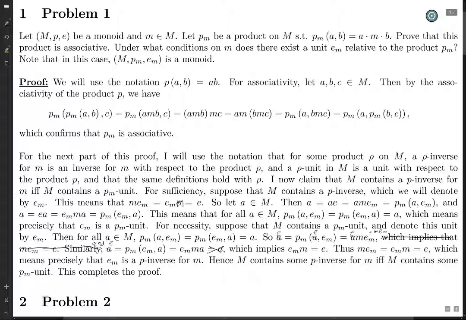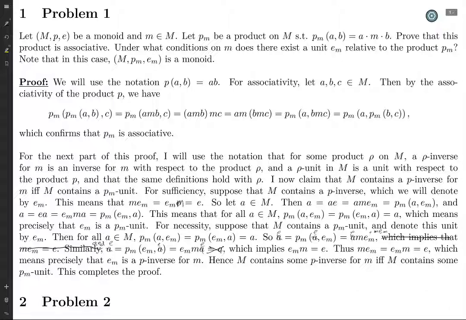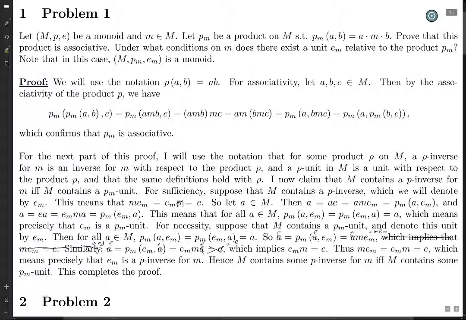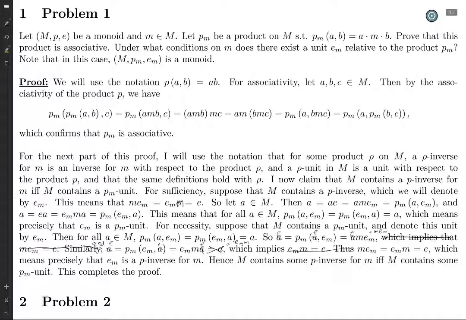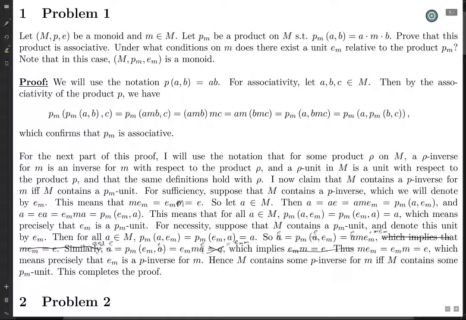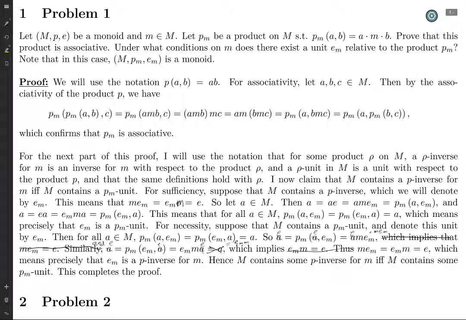We also have E equals PM EME, which is not EMMA but ME, which equals M. And this implies that EMM equals MEM equals E. There we go. Okay, so that's how we get there. And this means precisely that EM is a P inverse for M. And so that does it.